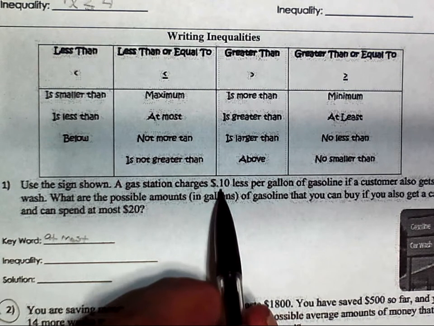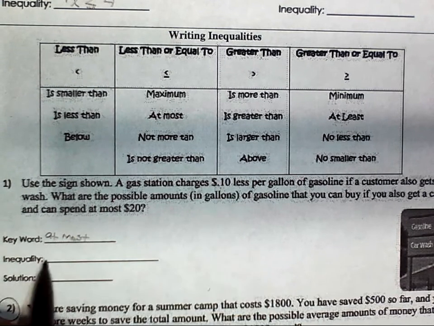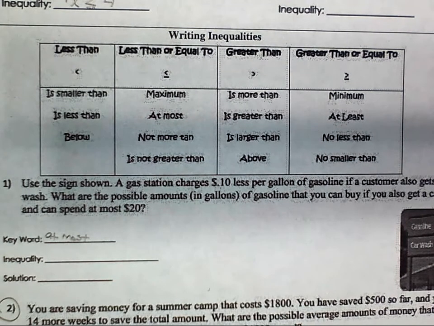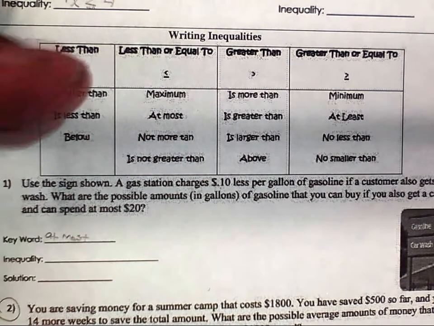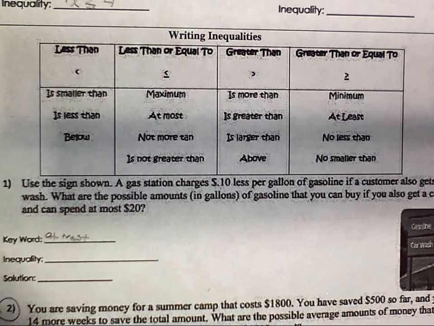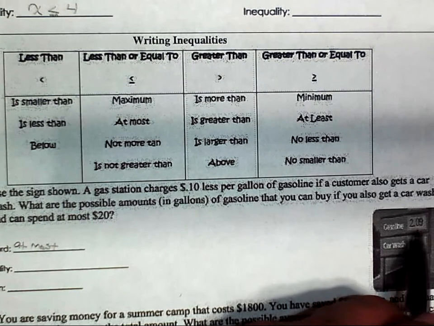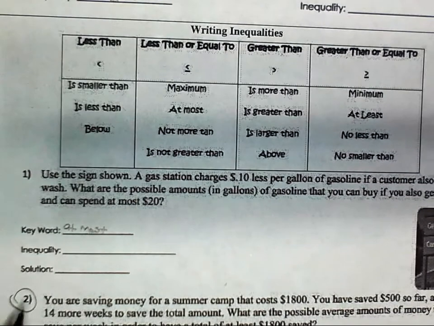Now, it's kind of tricky because they're saying 10 cents. So they want us to find the inequality. Well, it should be common sense. In order to buy the gasoline, I would have to pay for the gasoline plus the car wash. So I'm probably going to add the $8. So instead of using the 2.09, I'm going to go 2.09 minus the 10 cents.